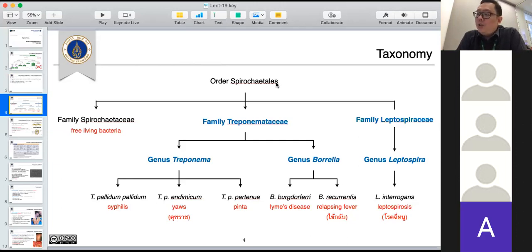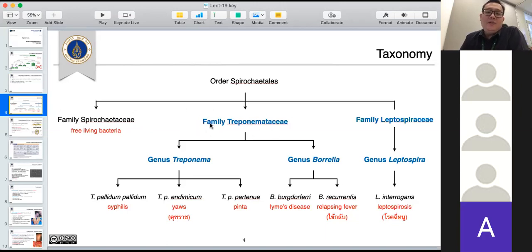In the old classification, if you read a textbook older than 20 years, spirochetes were classified in two families: Spirochaetaceae and Treponemataceae.